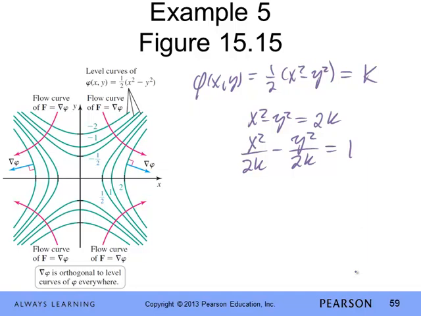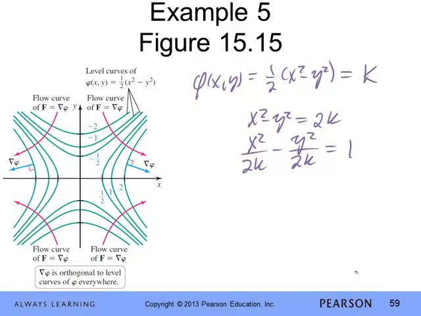So it shouldn't be a surprise for you to discover that this is the equation of a hyperbola. In fact, it's a whole family of hyperbolas. You tell me k, and I'll tell you the hyperbola. For different values of k, we'll have different hyperbolas. So if k is equal to 2, then this right here, as well as this one, are two branches of that contour curve hyperbola.